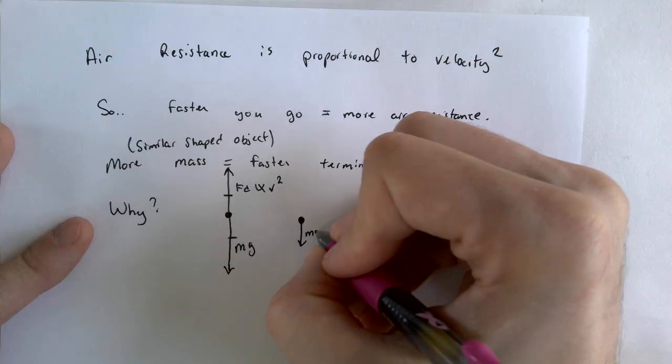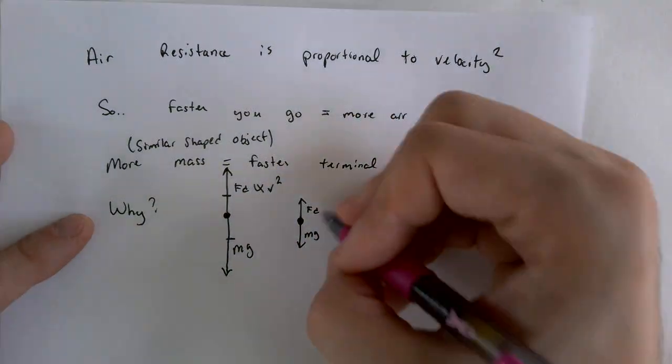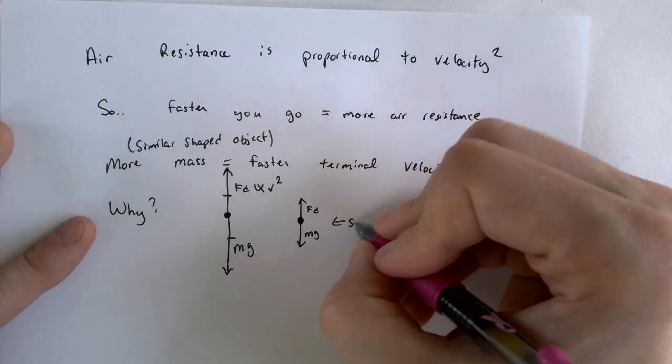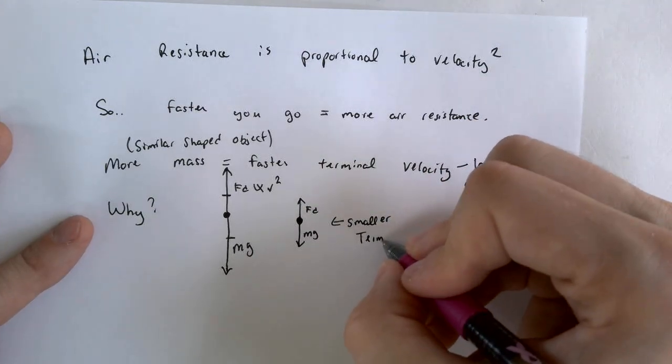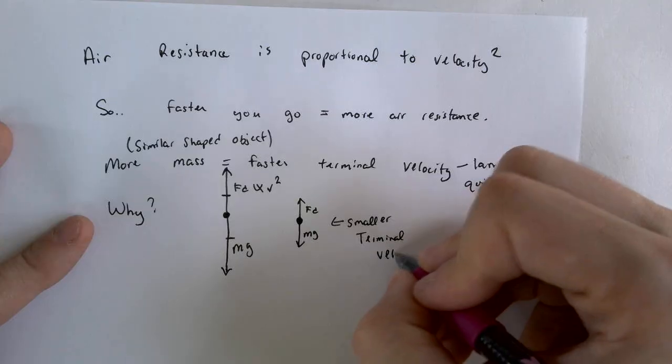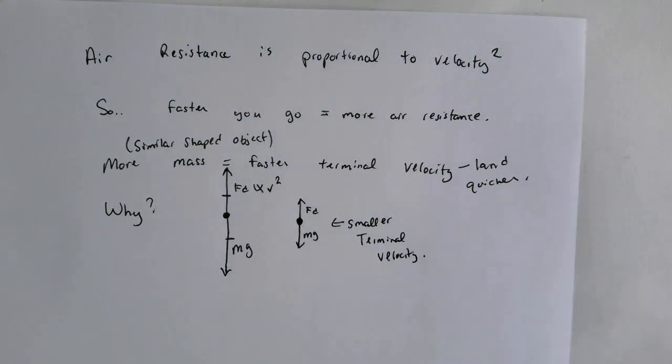It is going to have a smaller mg, and therefore a smaller force of drag, and therefore will have a lower valued terminal velocity. And that is why smaller objects end up not going that fast.